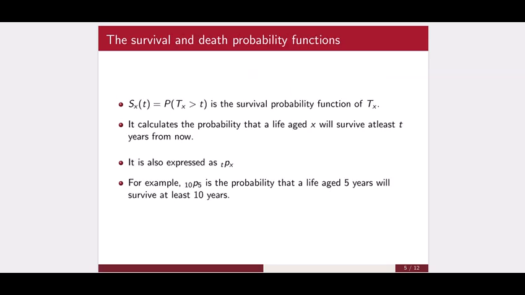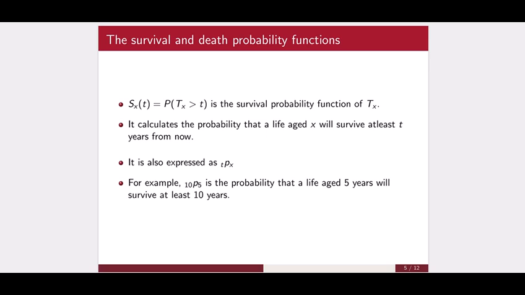We now turn to the survival and death probability functions. The survival probability function of Tx is denoted by Sx(t). This is the probability that the random variable Tx will be more than t years.